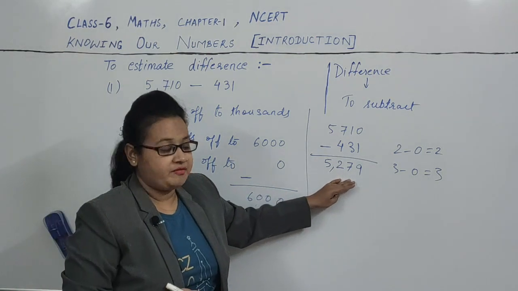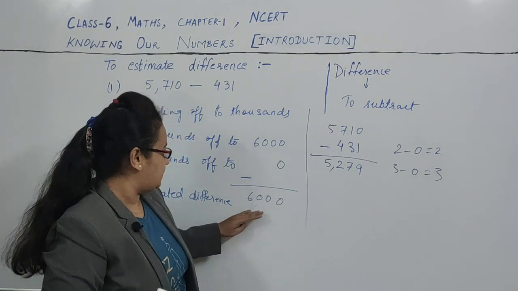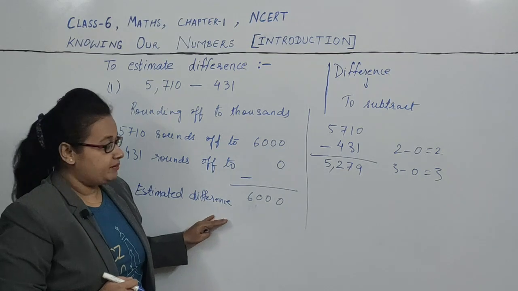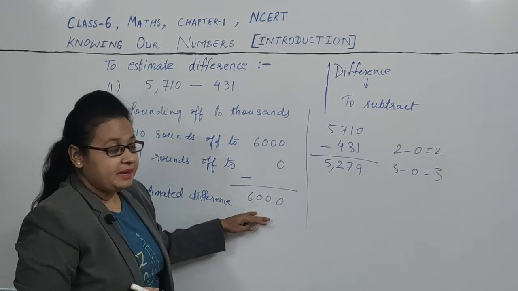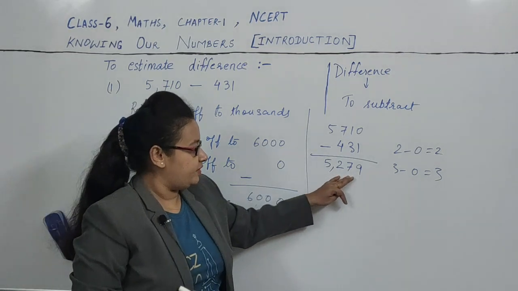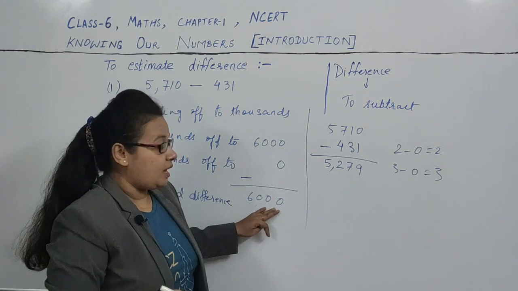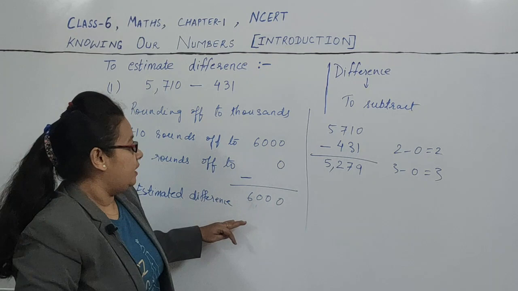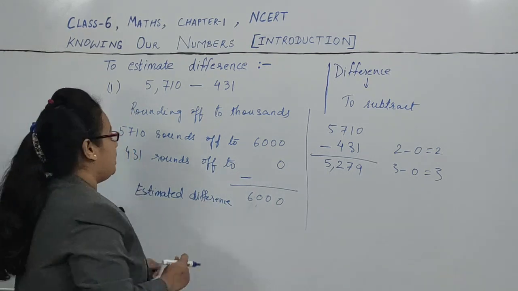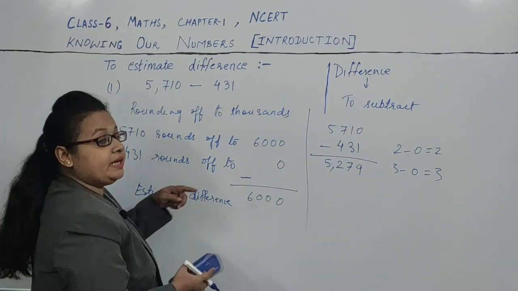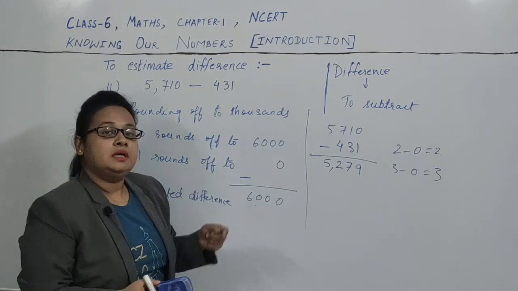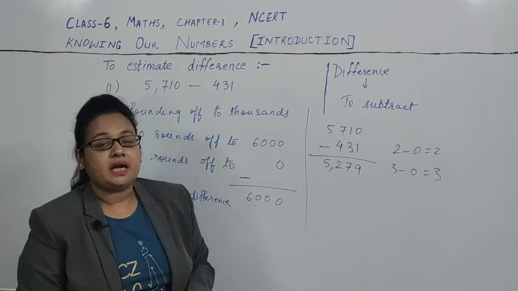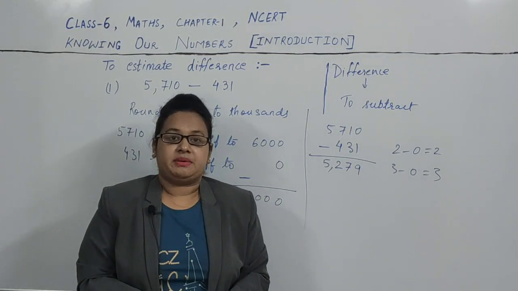It is not a small difference. So this estimation is not reasonable, not meaningful, because the real difference is very much less when compared to the estimated difference. So the correct way was what we did earlier: rounding off to hundreds was the correct way of doing estimation.